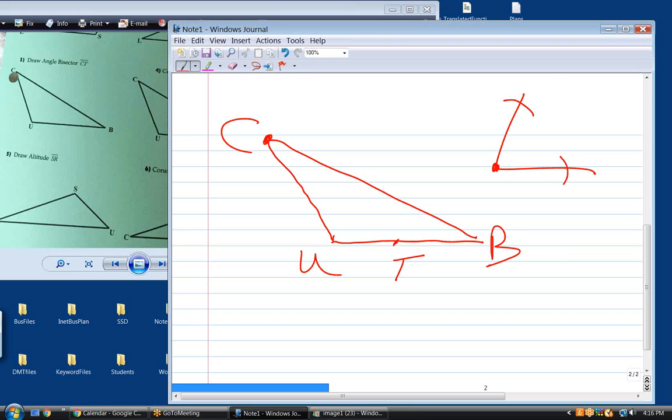Okay, so we put the needle on C then. Okay, and then we make some distance that's less than CU for our compass. Yeah. And we make a hash mark there and another hash mark there. And now we know that side's equal to that side, right? Remember, a compass is a measuring device.